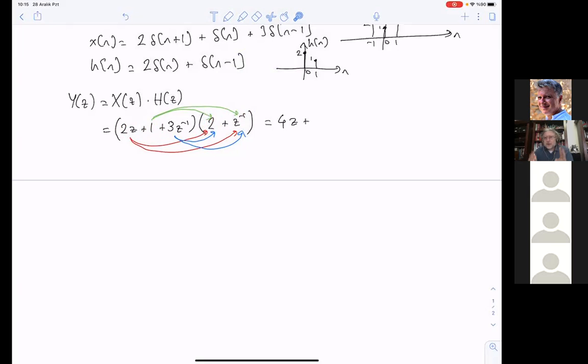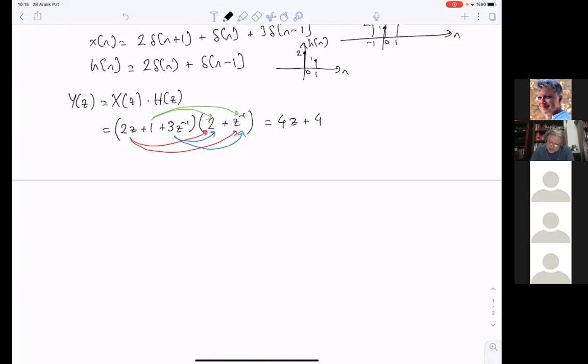So those two values of 2 will be added to become 4. I'm just simplifying the expression already. And then what else do we have?